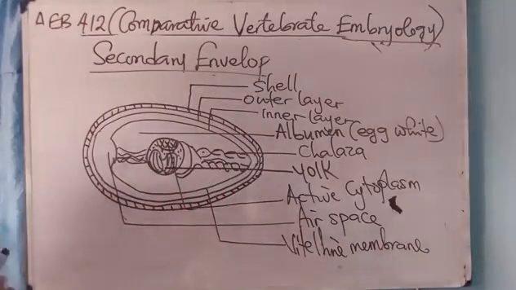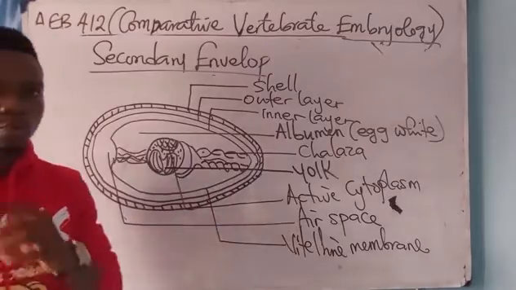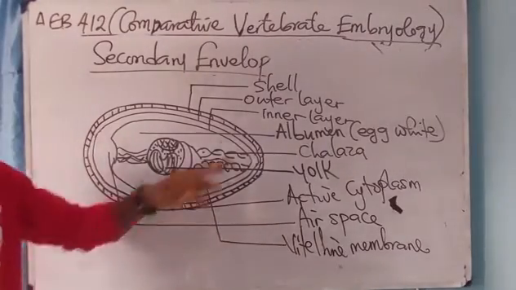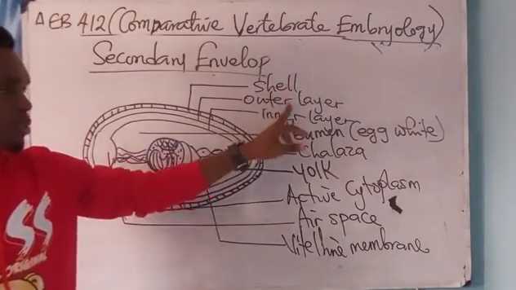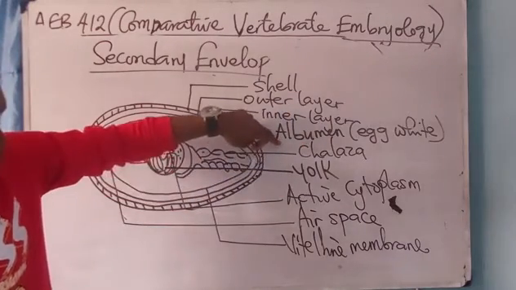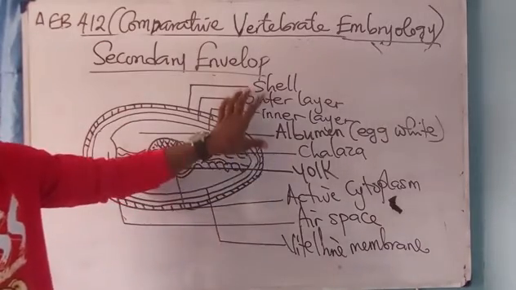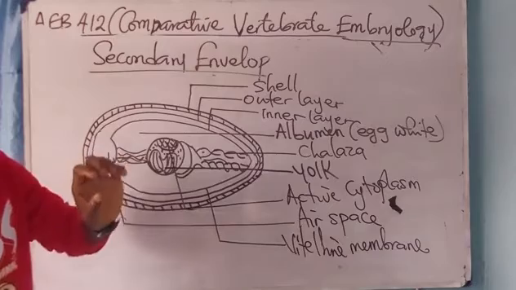So this is the egg of a bird. You see, it is very complex compared to the ones I drew at first. This is the shell, outer membrane, which is the second membrane, the first membrane, the abdomen, and the vitelline membrane.